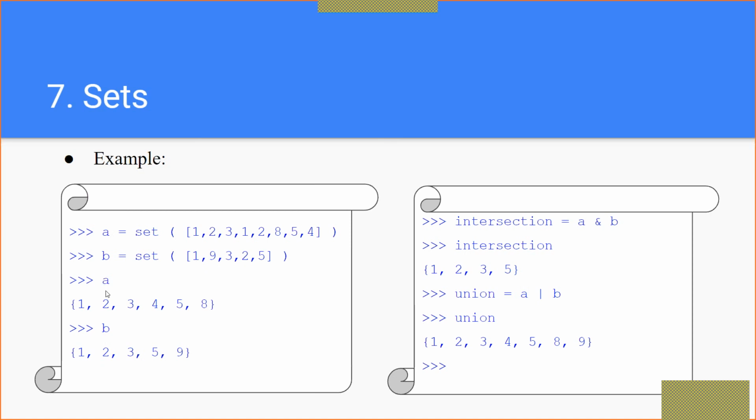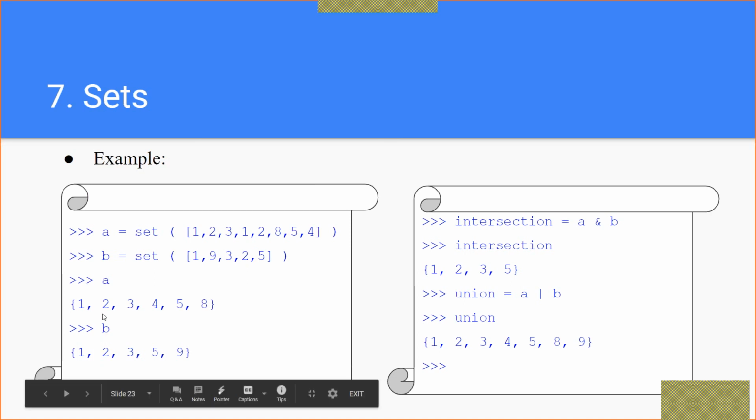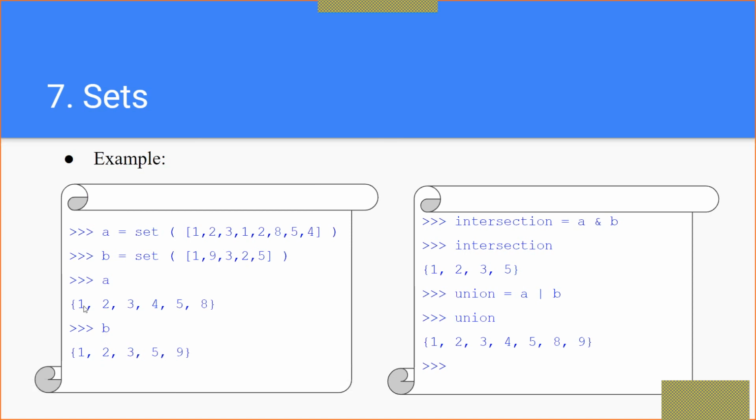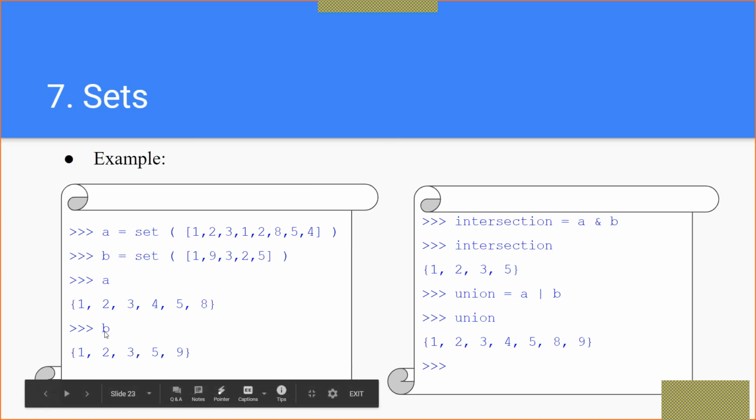When you display A, only the unique keys will be displayed, not the duplicates. These two keys were duplicate, but here only 1, 2, 3, 4, 5 and 8 are printed. Same thing in B: 1, 2, 3, 5, 9. Whatever the unique keys are, we have displayed them here.